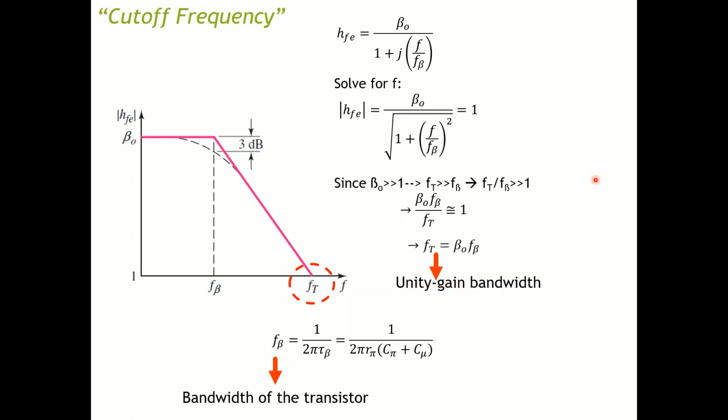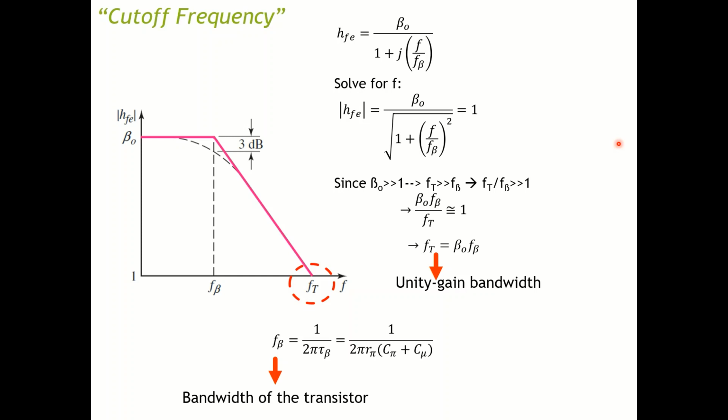One thing to notice before we end the lecture today is that all of this short circuit current gain and cutoff frequency is applicable for most applications, until you are interested in operating your transistor in the microwave frequency.